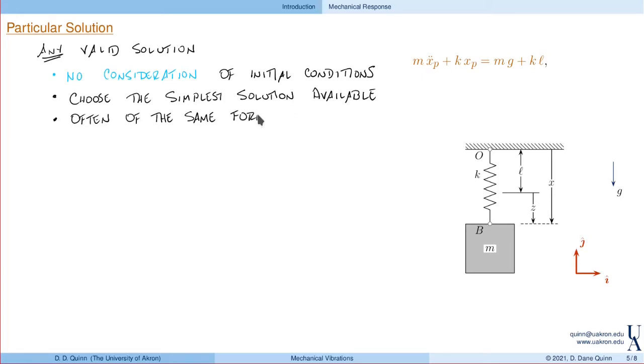So it's of the same form as the forcing. And by forcing, of course, I mean the right-hand side of this equation. So we need a solution that satisfies the equation of motion. The right-hand side, the forcing, is constant, so let's look for a constant solution.